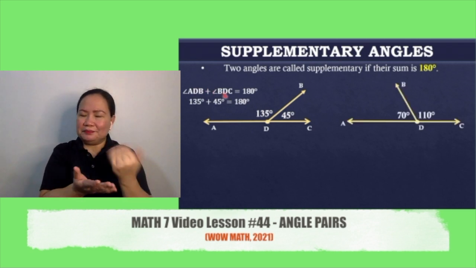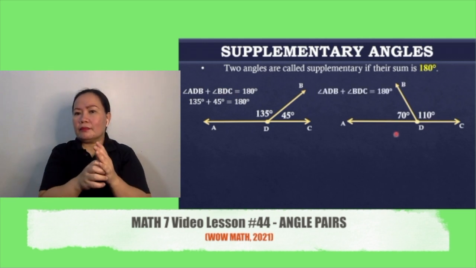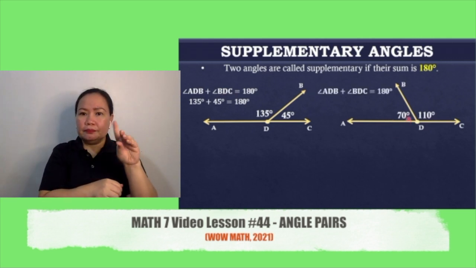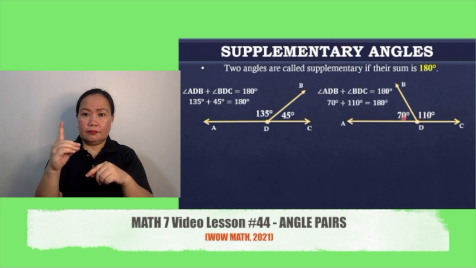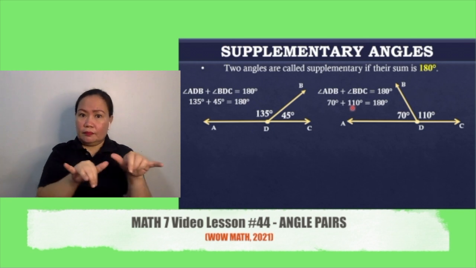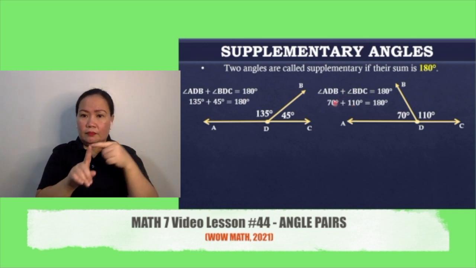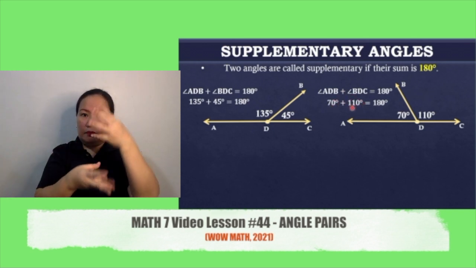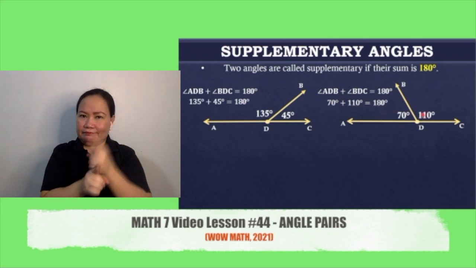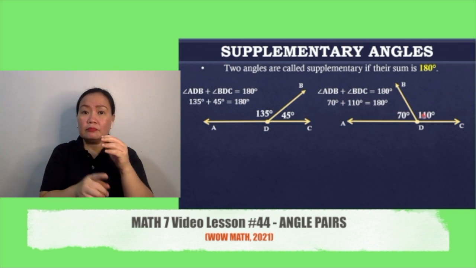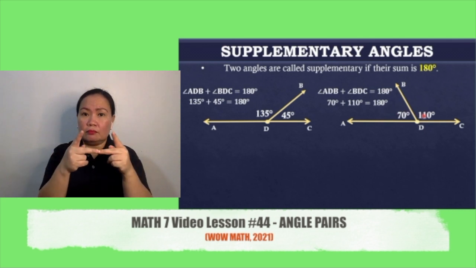Another example. So, I have here angle ADB and angle BDC but different measures. Yung angle ADB natin, 70 degrees. Yung angle BDC natin is 110 degrees. If we will try to add these two, the sum is 180. So, since it is 180, therefore, these two are supplementary angles.